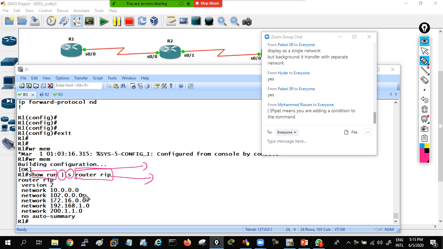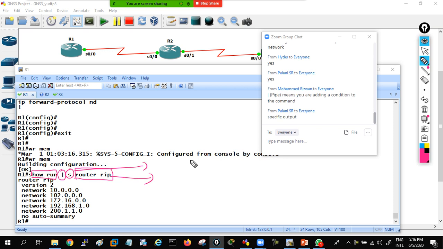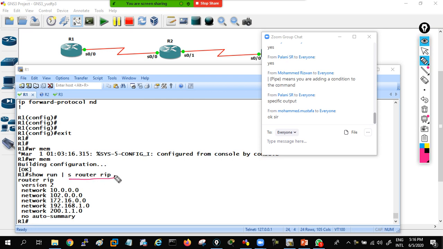You are adding a condition, like a filter. What is the purpose of a filter? I don't want to see everything; particularly, I want to see this configuration. That's called a filter. Everybody okay? Yes, specific output, because in the entire configuration I want to see only the RIP configuration. That's why you need to type this command.